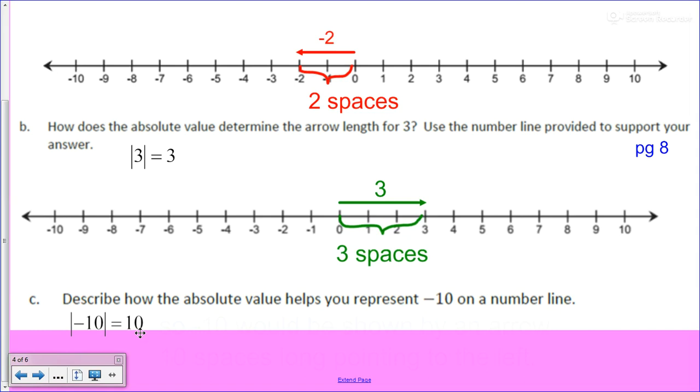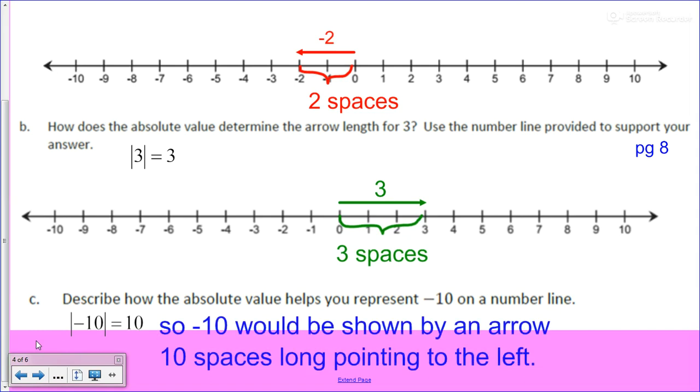I just have to figure out what direction to put it in, and it's a negative number, therefore it's going to go to the left. So -10 would be shown by an arrow 10 spaces long pointing to the left. All right, that's going to come in handy for us when we do the next example.